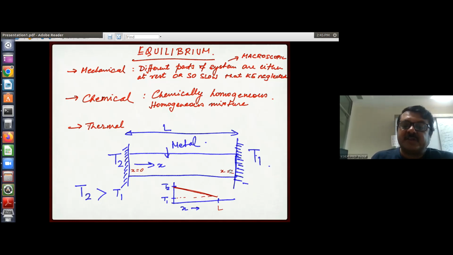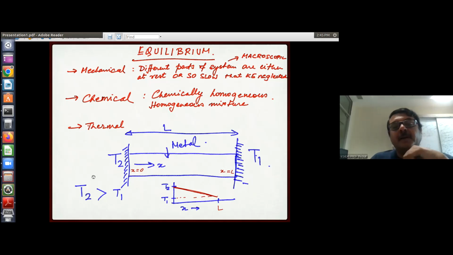Initially, suppose the entire block of metal was at temperature T1. Soon after you put this end in contact with T2, the temperature here will rise to T2, but this end will be maintained at temperature T1.